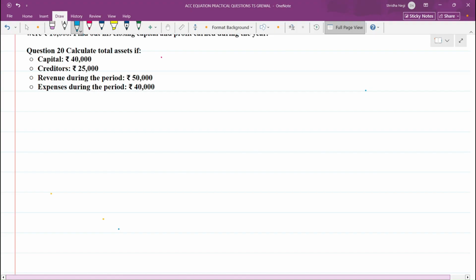Calculate total assets if capital is 40,000, creditors are 25,000, which means liability, revenue during the period is 50,000 and your expenses are 40,000. First, this revenue and expense will have an effect on your capital account. So you have to make it correct.